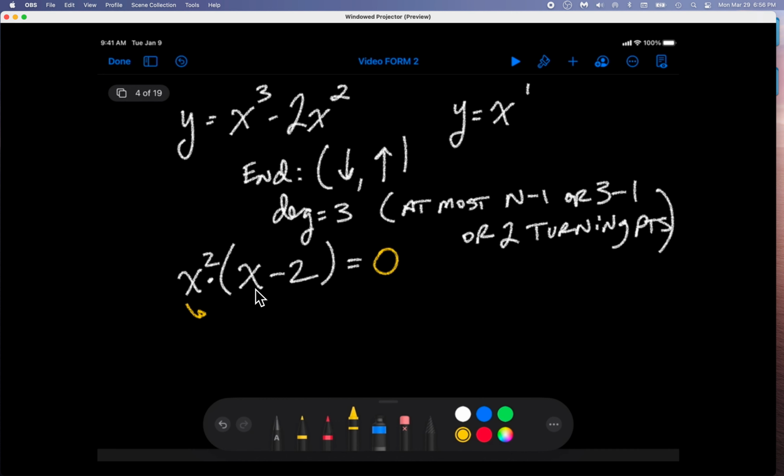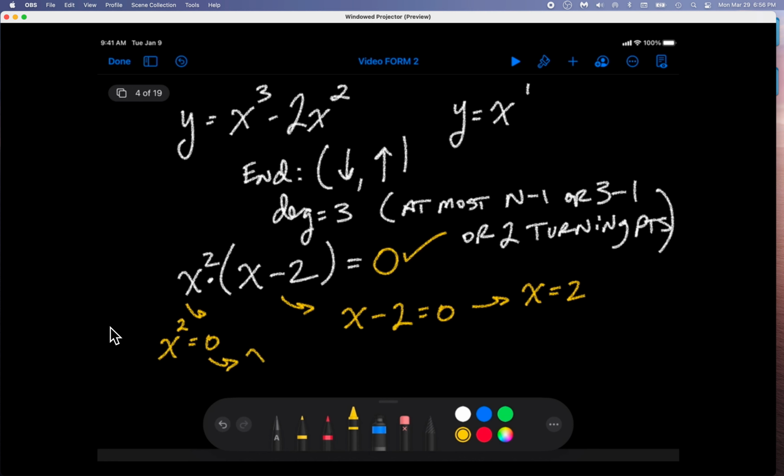So that's what you do. You take each factor and set it equal to 0. And then you solve for x. So here, our 0, or our solution to this equation, or our root, is going to be x equals 2. And on this side, it's going to be x equals 0.